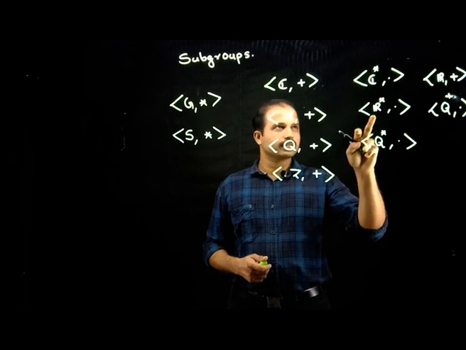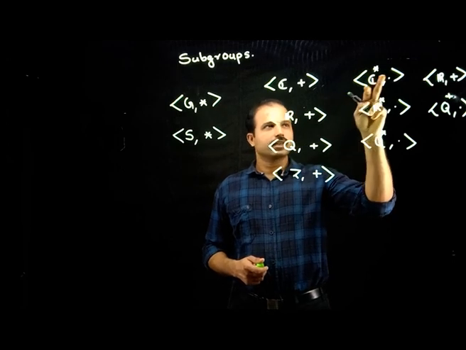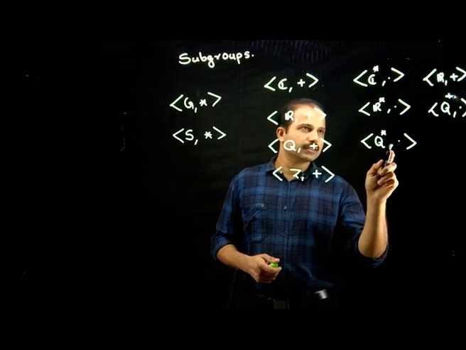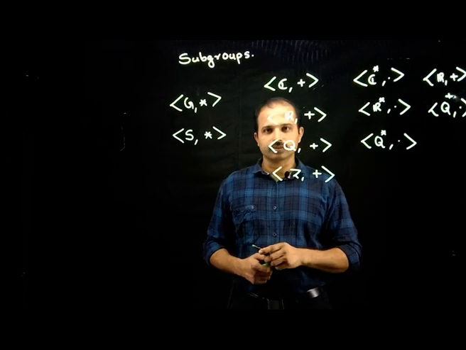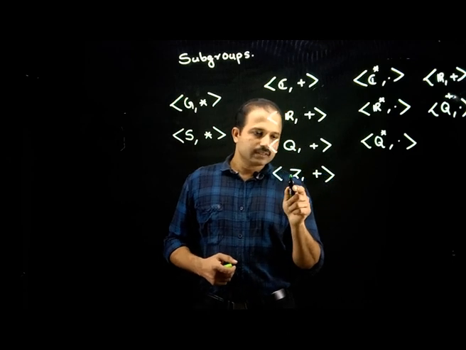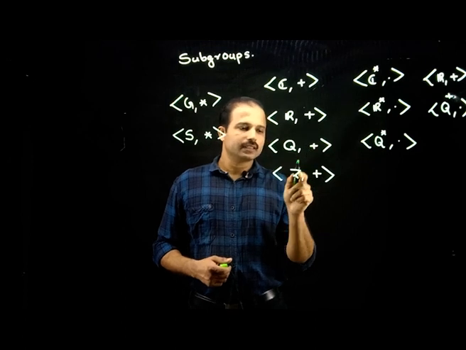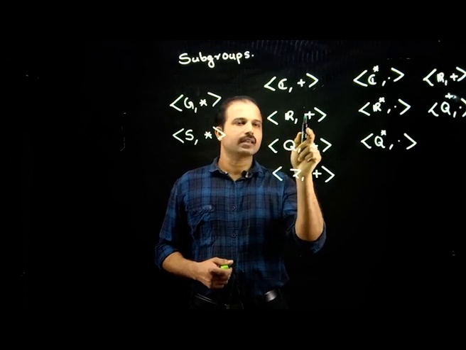So these two are subgroups of C star under multiplication. Moreover, Q star under multiplication is a subgroup of R star under multiplication also. Here also this Z under addition is a subgroup of Q under addition. Z under addition is a subgroup of R under addition.